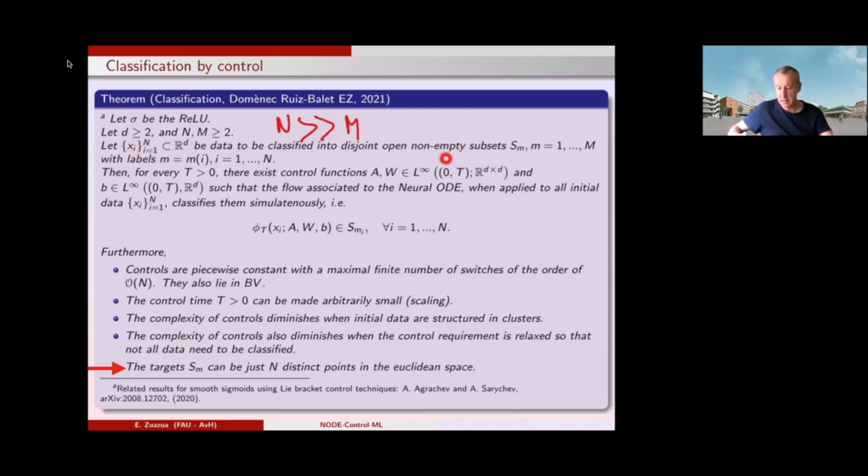And then we say, let xi be n data in dimension d to be classified into disjoint open sets, right? As I said, in our exercise, we have taken these open sets to be bands, right? But we could also do it by choosing open sets differently.